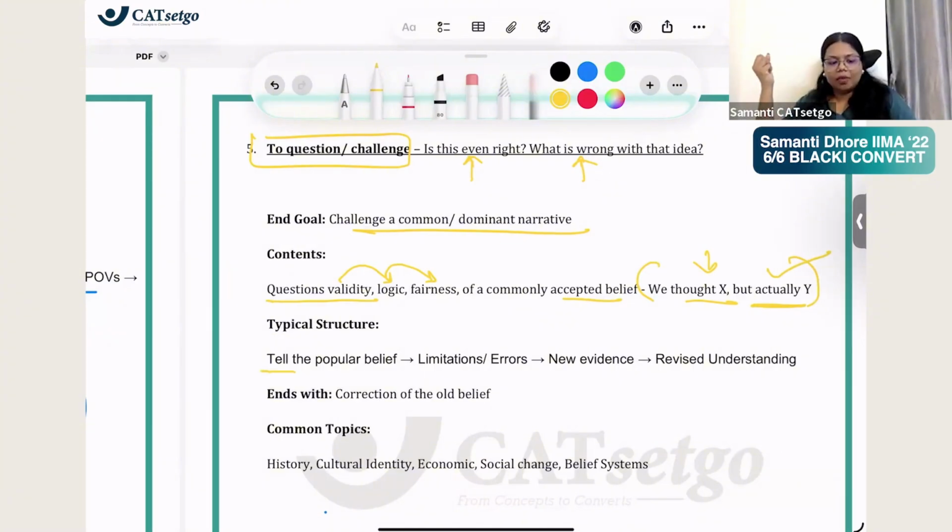You will state a popular belief, you will tell why that belief is wrong, and then you will give more evidence to support that, and then you will revise the understanding. So that was wrong, and we thought X, but actually it's Y. Okay, so it ends with correction of an old belief, and common topics are history, cultural identity, economics, social change, belief systems, and so on.